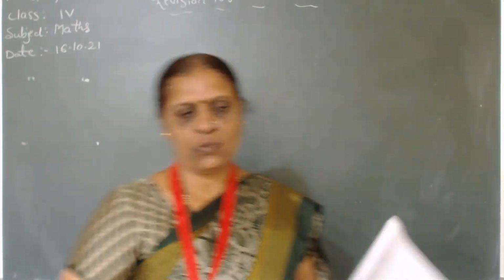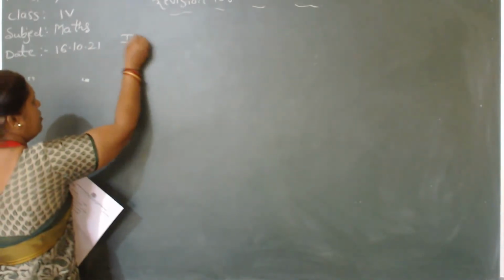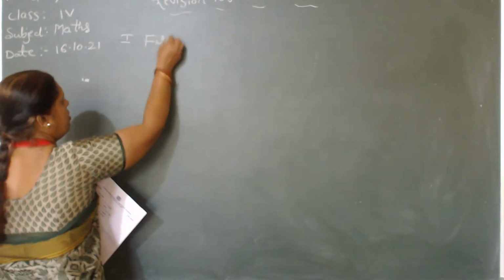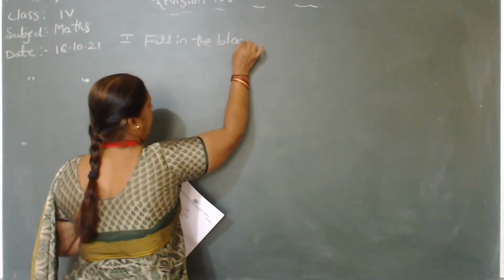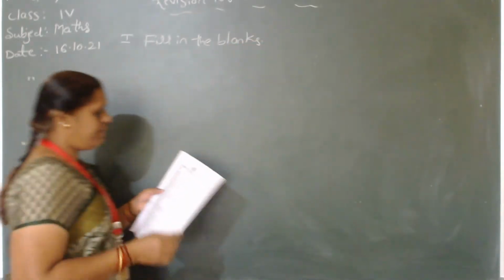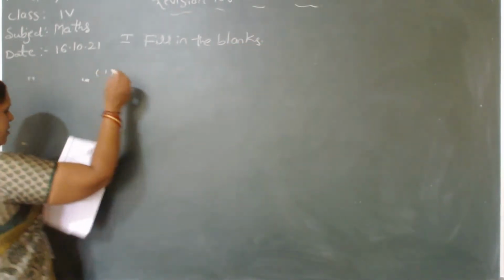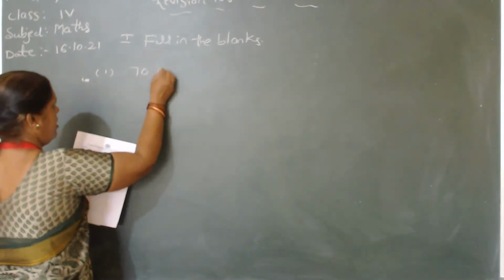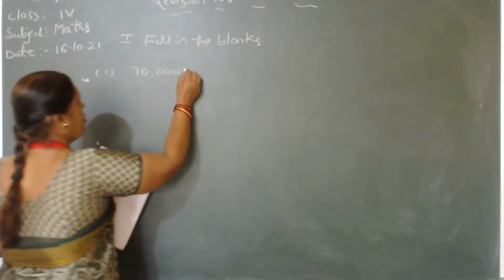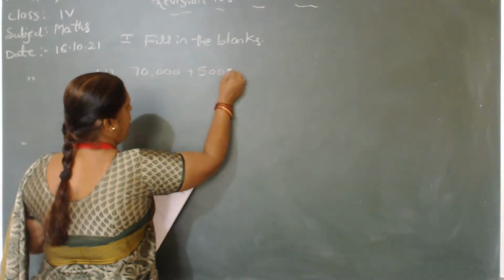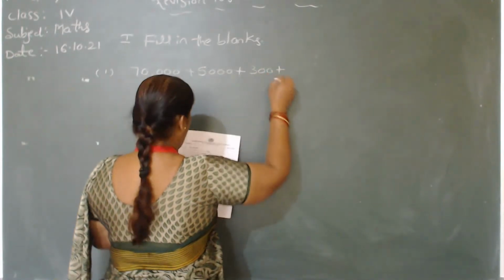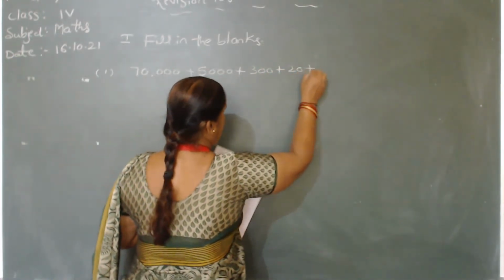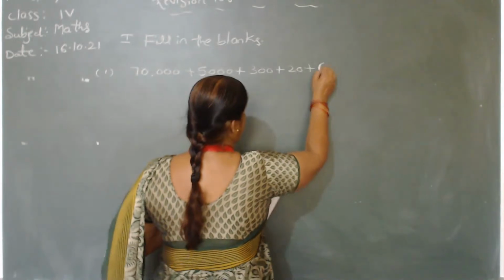The first bit is fill in the blanks. Here the first number is 70,000 plus 5,000 plus 300 plus 20 plus 6.